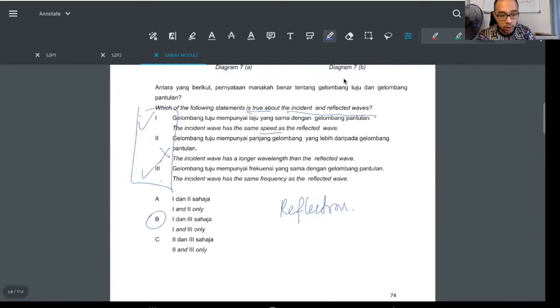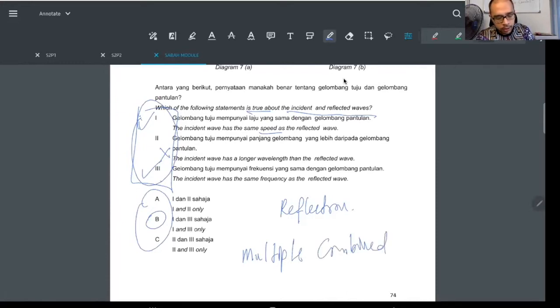This kind of question where there is a 1, 2, 3, and then you have to figure out the combination for the answer is called a multiple combined choice question. First, you have to decide which of 1, 2, 3 is the answer, and then after that, you have to combine the answers together.